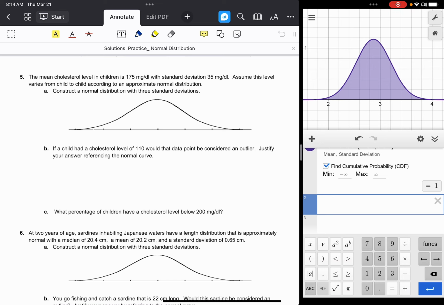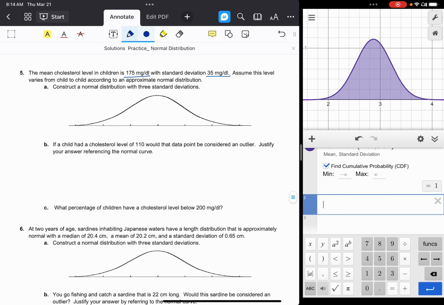So the first question, we are told that the mean cholesterol level in children is 175 milligrams per deciliter, I think, with a standard deviation of 35. And so we're assuming we have a normal distribution going on here. So at this point, we should be pretty confident with this.